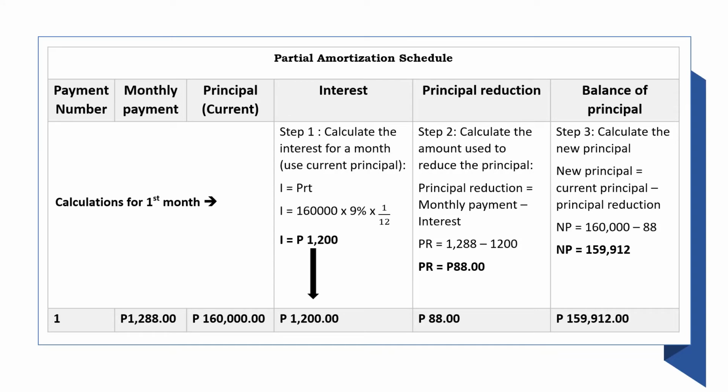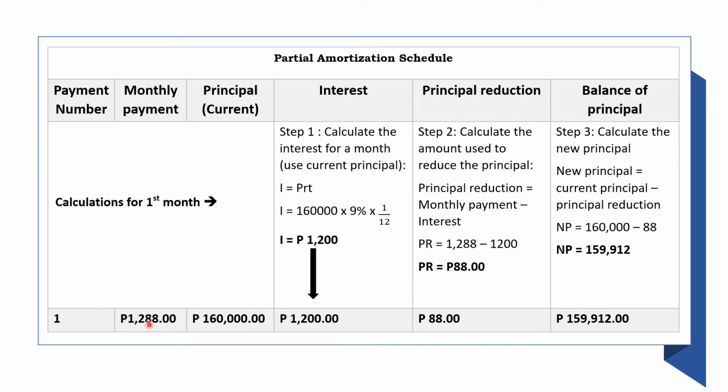In an amortization schedule, we can see the payment number, the monthly payment, the current principal, the interest column, the principal reduction column, and the balance of principal column. Now, let us proceed to payment number 1.